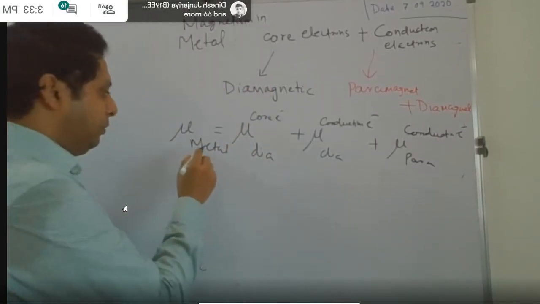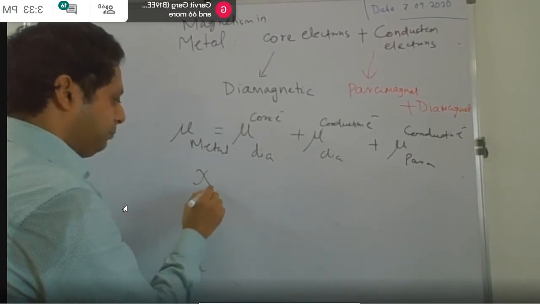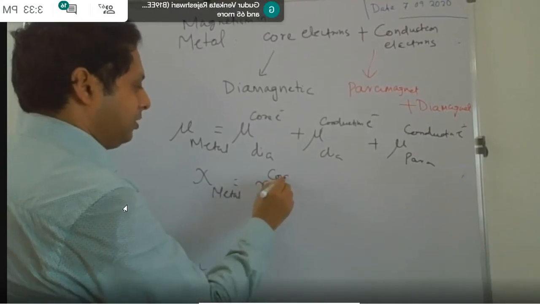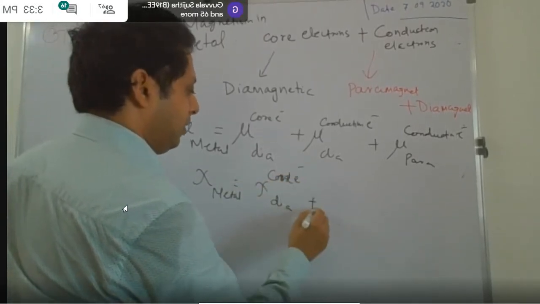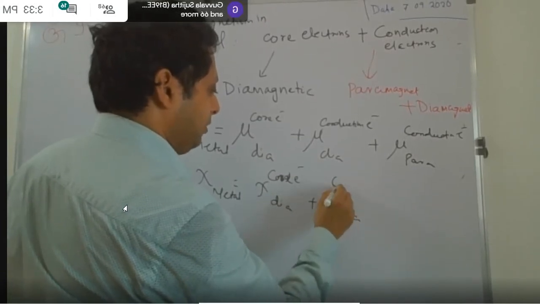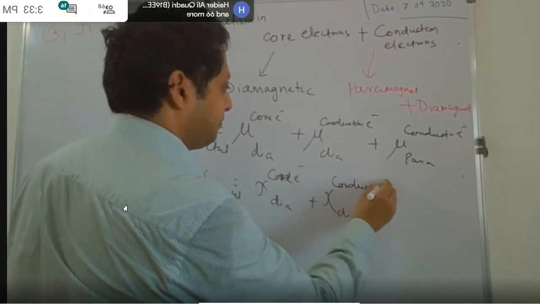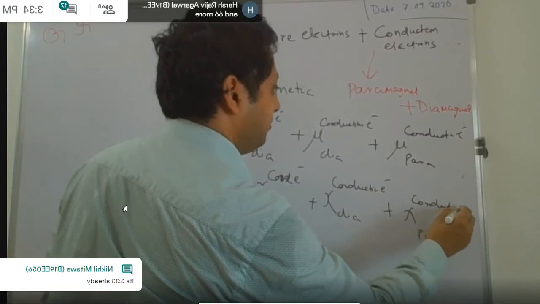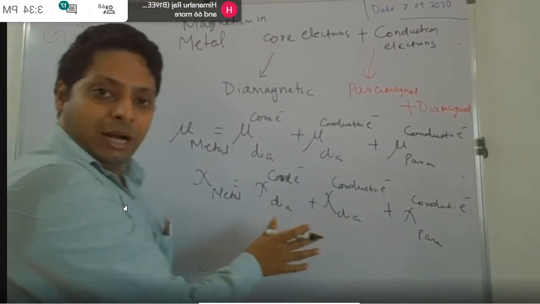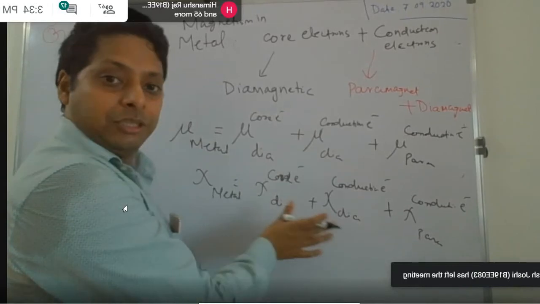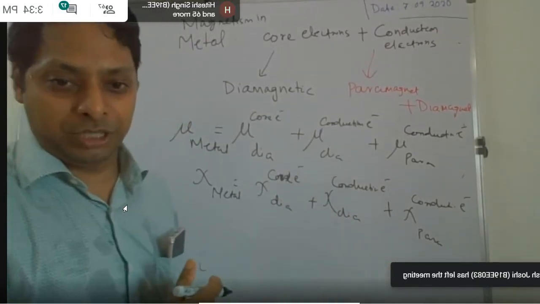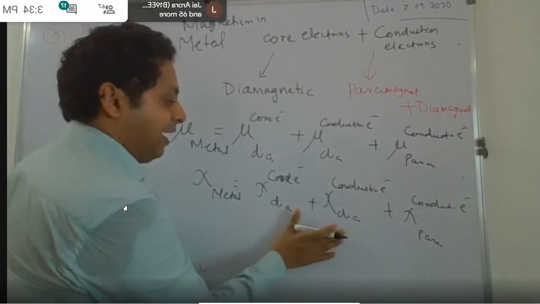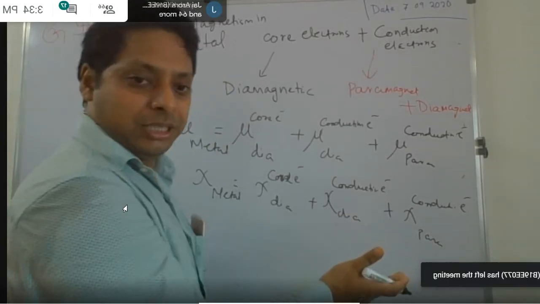Or instead of saying magnetic moment, I should say susceptibility. So that is the diamagnetic susceptibility from core electrons plus the diamagnetic susceptibility from conduction electrons plus the paramagnetic susceptibility from conduction electrons. Now this is a competition between three contributions, and depending on which contribution is larger, that metal will be diamagnetic or paramagnetic. If the diamagnetic contribution is large, this is a diamagnet.